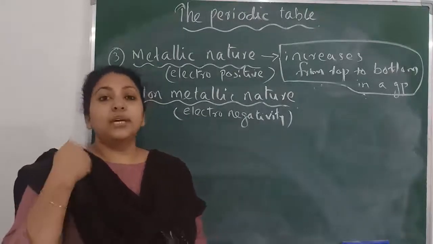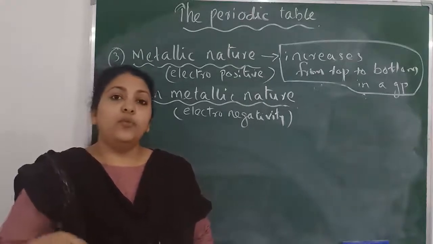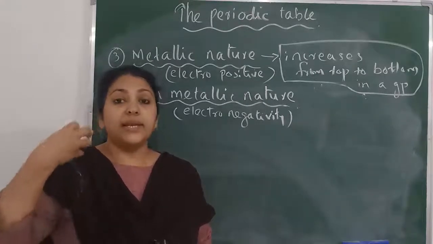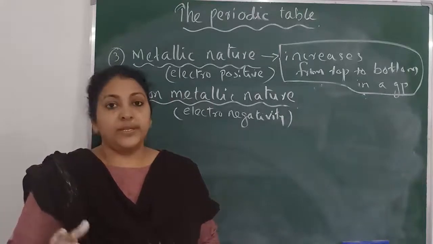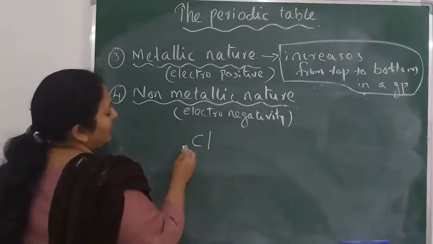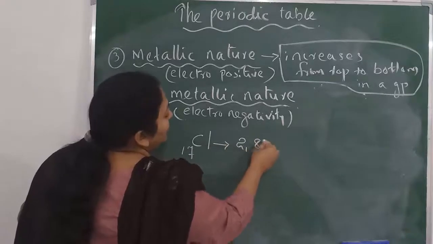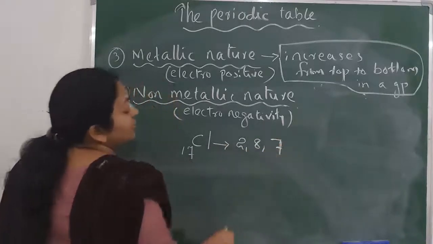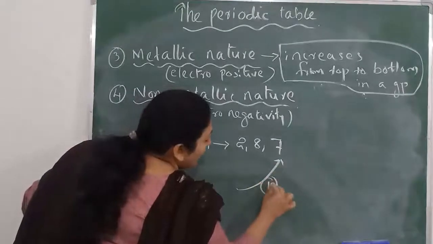When an atom gains an electron, it will become negatively charged, isn't it? For example, chlorine has atomic number 17 and electronic configuration 2, 8, 7. So to get the octet, chlorine gains one more electron.